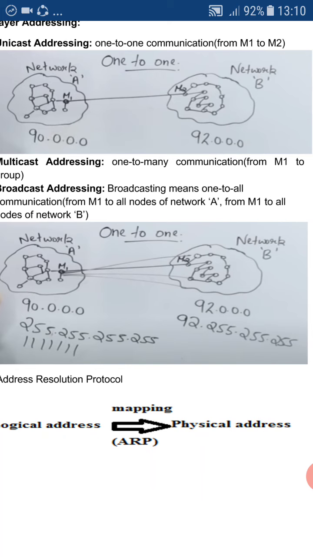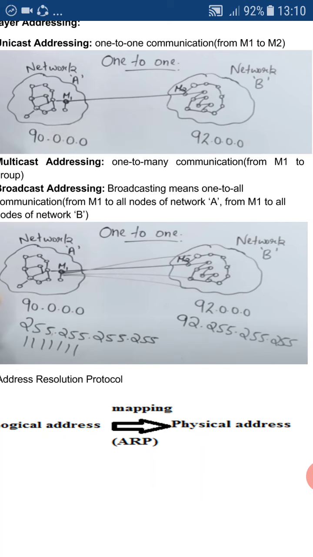If M1 wants to communicate with all the nodes of network B, then we call it direct broadcast addressing. So whenever we have limited broadcast addressing, the 90.0.0.0 address is changed to 255.255.255.255. The meaning of 255 is nothing but all ones.